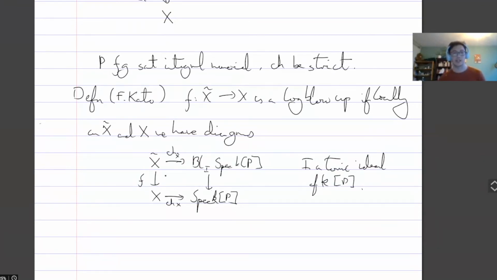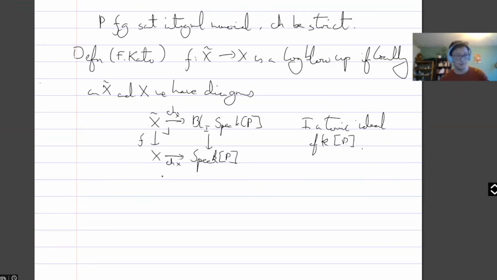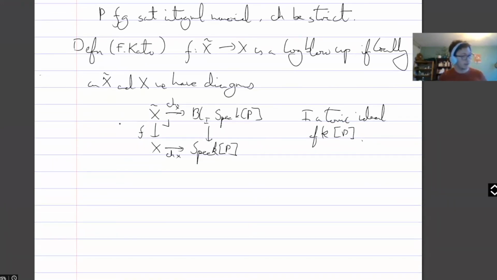So it makes sense to ask that this is strict and this is strict, and ask that this is a pullback. Right, so this sort of generalizes the idea of refining fans in toric geometry, is what I want to say.